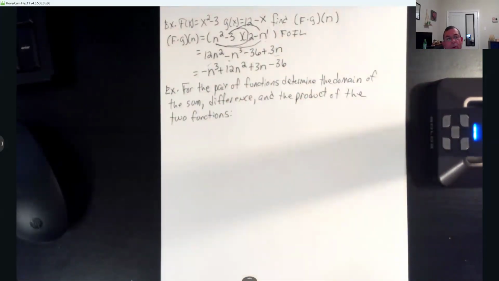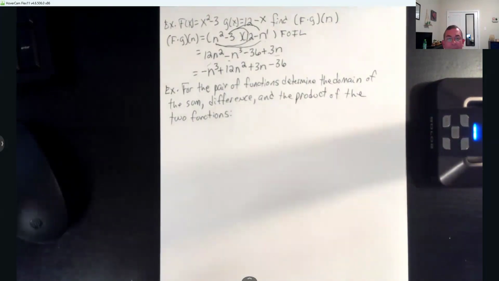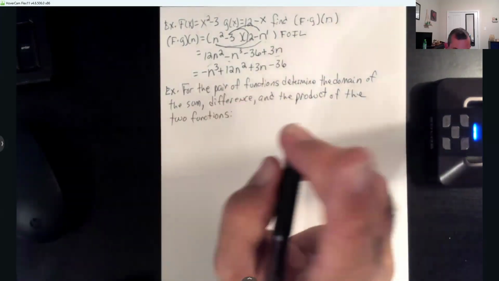So this is almost 3 problems in one. I'm going to find the domain of the sum of these two functions. Then I'll find the domain of the difference, and then the domain of the product. And we'll still use that lingo where we said x such that x is a real number and x cannot equal whatever, okay?